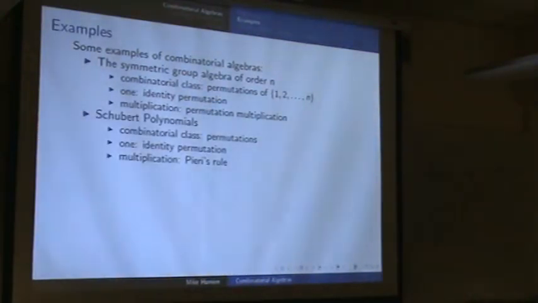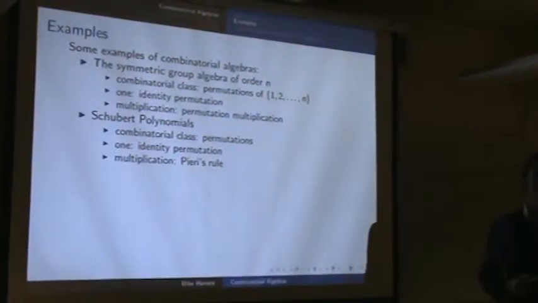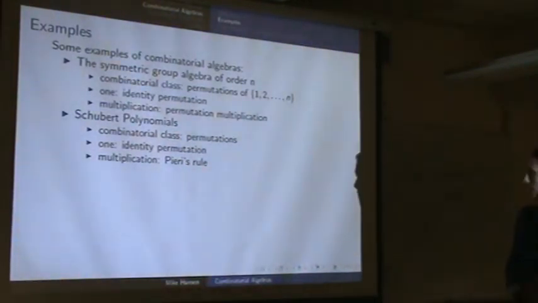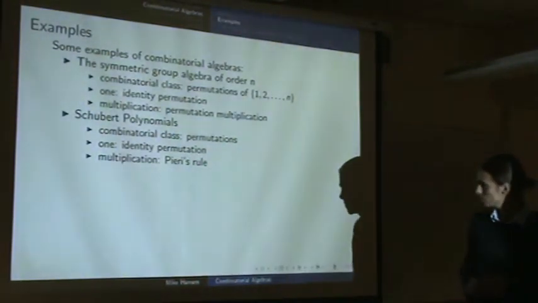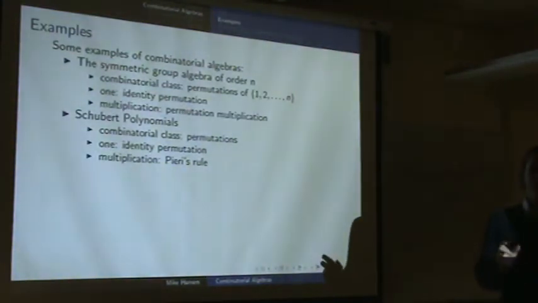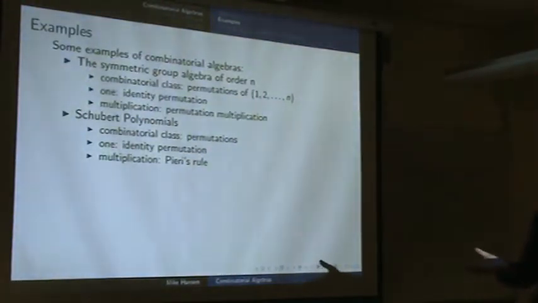Another thing you may remember if you were at Sage Days 4 are Schubert polynomials. So this is a combinatorial algebra where the underlying combinatorial class is all permutations. So we don't fix a certain length. The identity permutation is the one in this algebra.